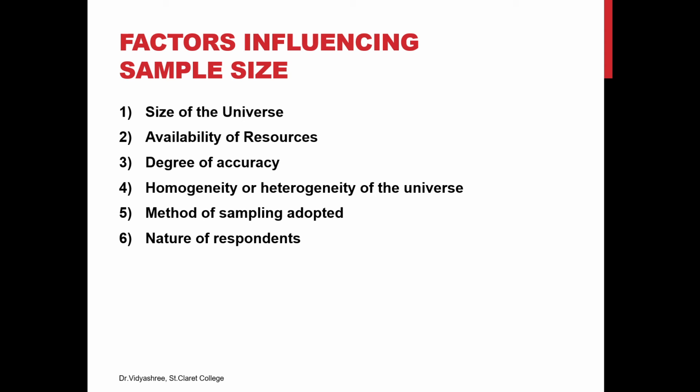The same way, availability of resources. Availability of resources is nothing but the sample or a population who are readily accessible to give information to you. If their availability is more, then the sample size should be more. If the availability of the people itself is very less, then the sample size should be less.